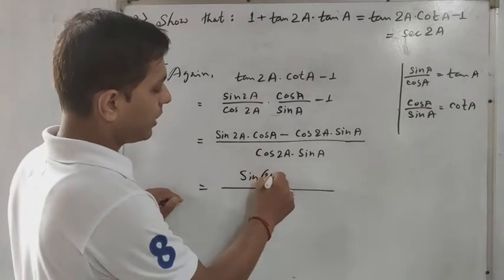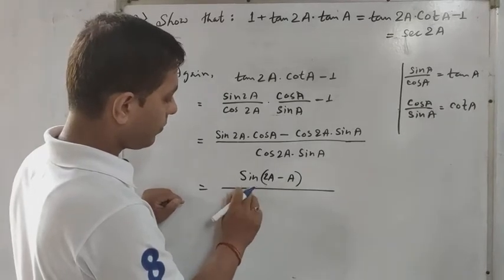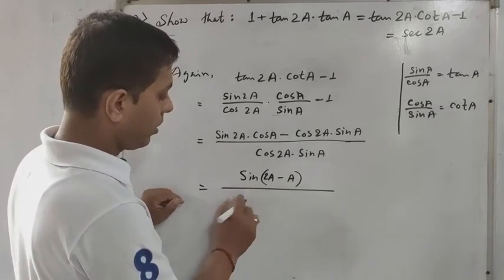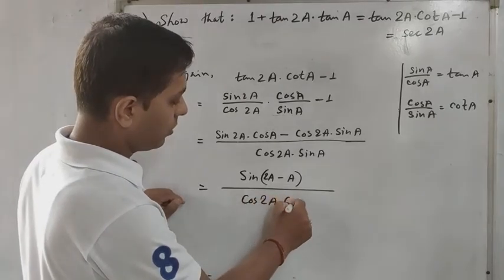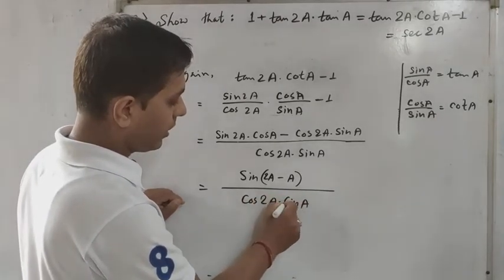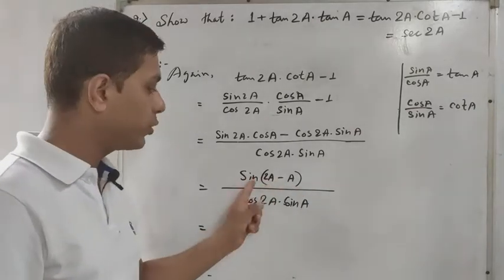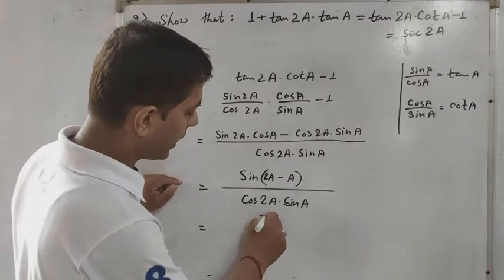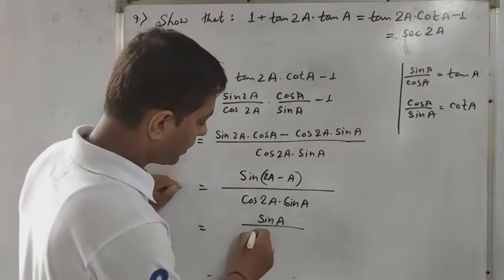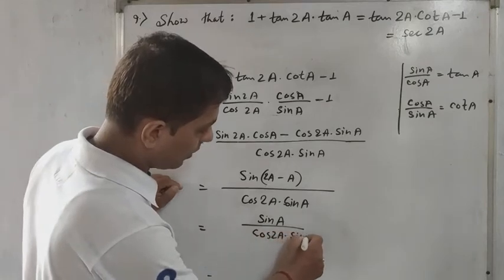That is, twice a minus a. The downside there is cos twice a into sin a. So sin twice a minus a, from sin 2 times a minus 1 time a is reduced, it will be sin a only, and downside there is cos twice a into sin a.